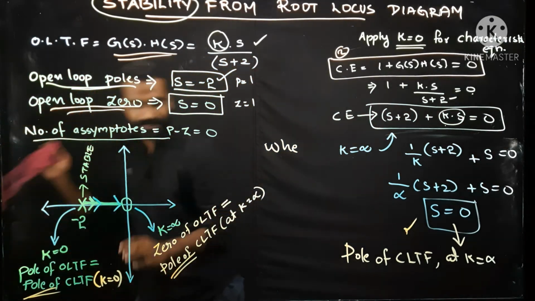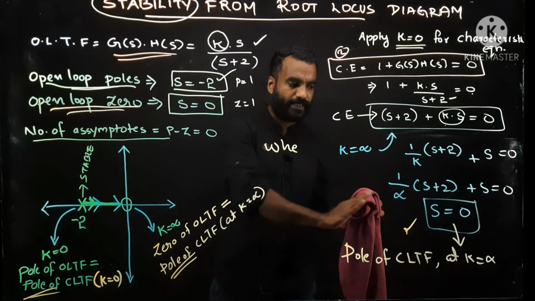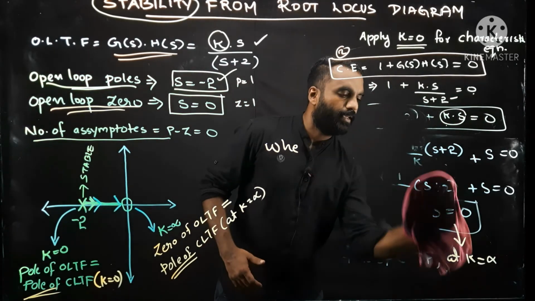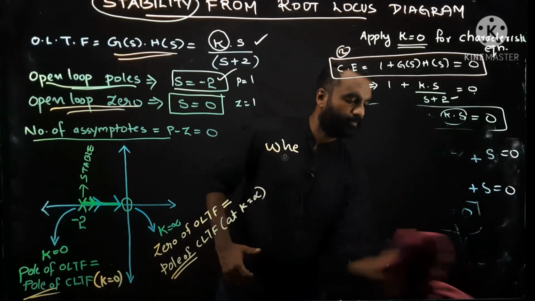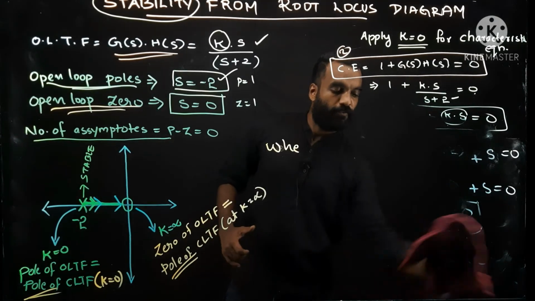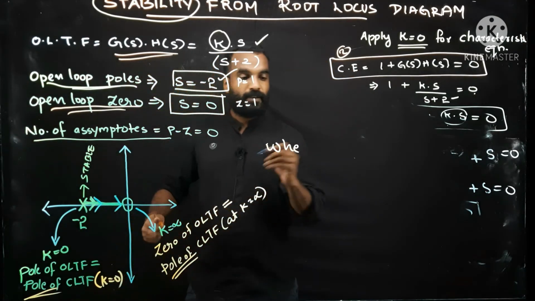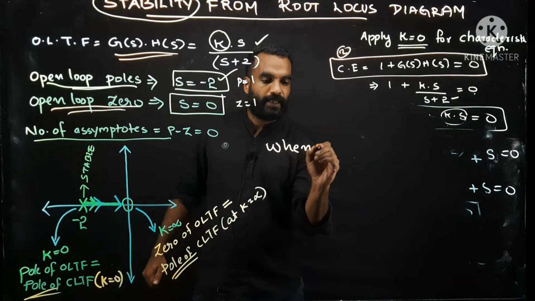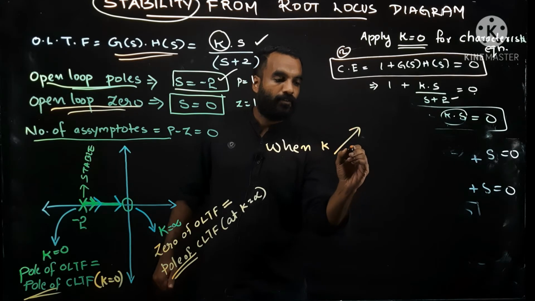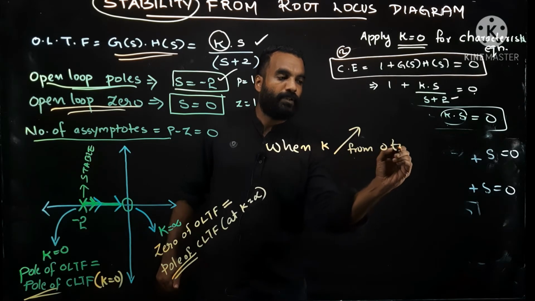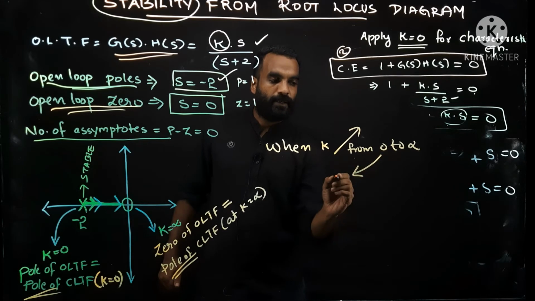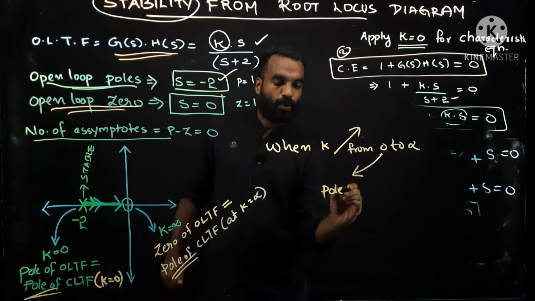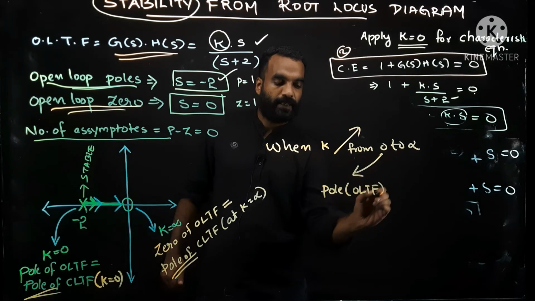So in this particular case, when k is varied from 0 to infinity, when k is 0, pole of open loop transfer function is at left.